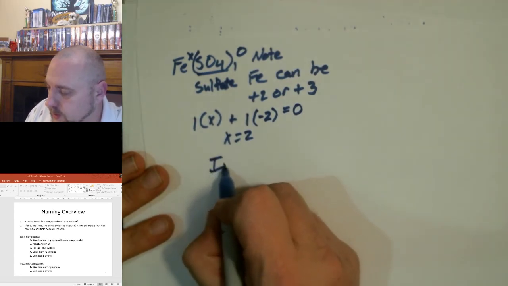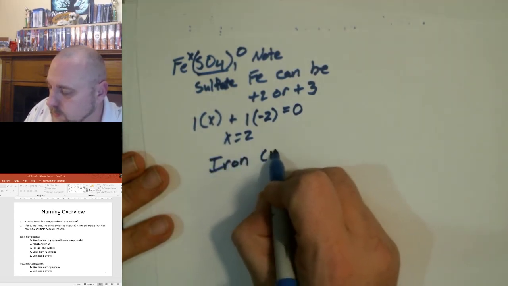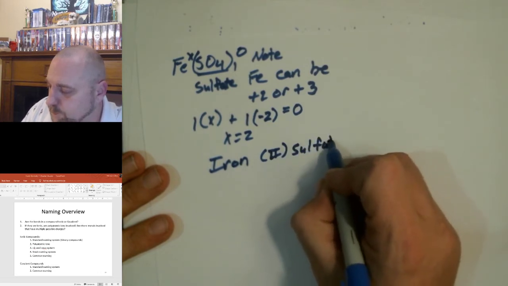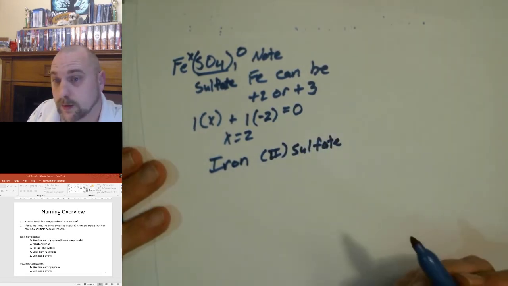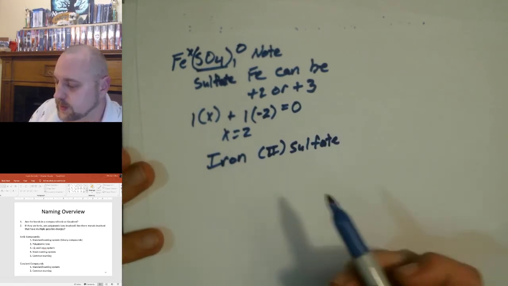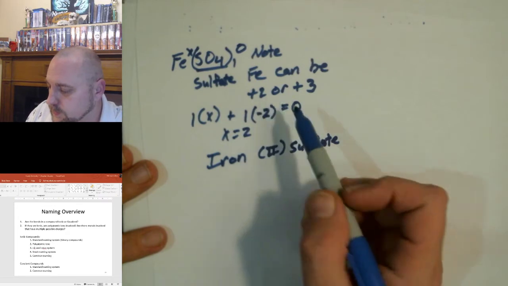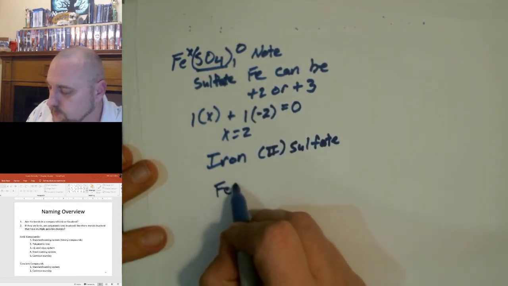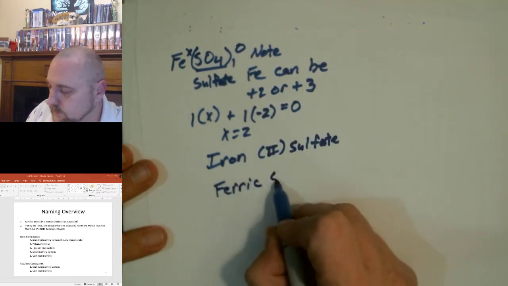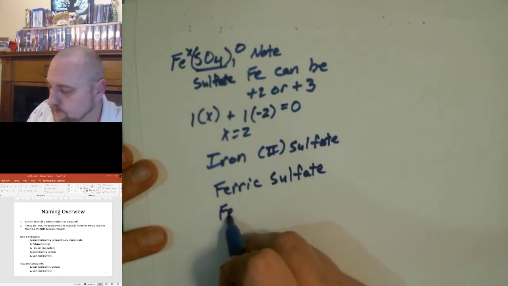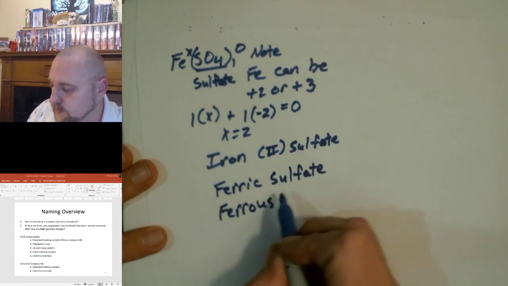So this will be iron 2 sulfate. But that's probably not on there. So we need to worry about this -ic and the -ous. So our options here then will be ferric sulfate and ferrous sulfate.